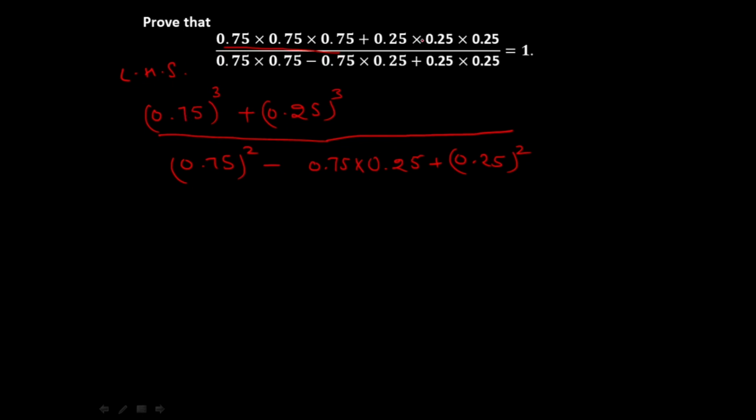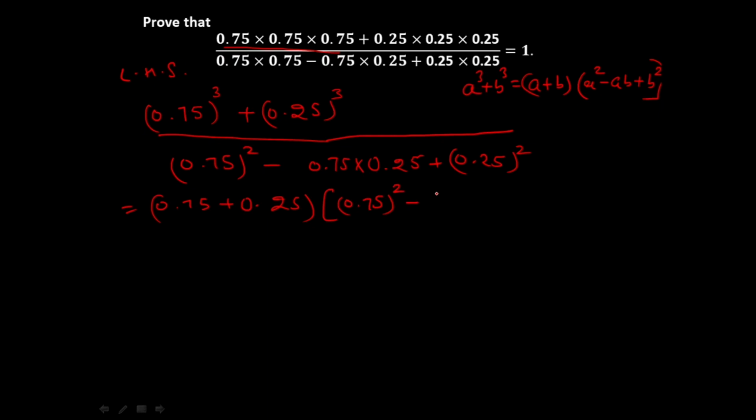Now a cube plus b cube, what is that? Sorry, identity. a cube plus b cube is equal to (a plus b)(a squared minus ab plus b squared). So using this identity here, a cube plus b cube will be equal to (a plus b)(a squared minus ab plus b squared) whole divided by, write this value as it is.